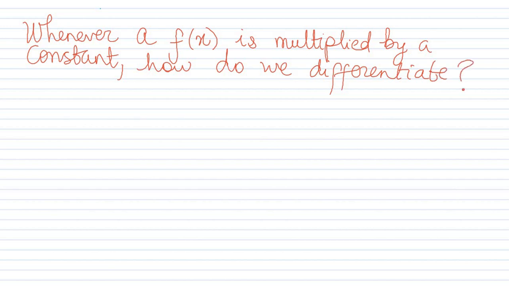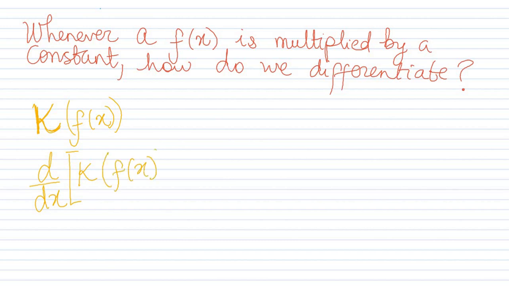So it's just basically saying, how do you differentiate when, say, we have k, a constant, multiplied by f of x. So how do you differentiate such? You just do d over dx of k that is multiplied by f of x. How do I differentiate this?